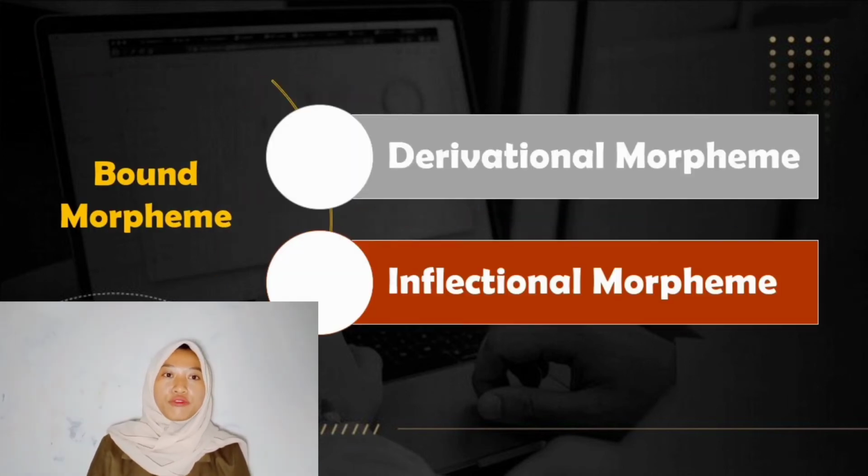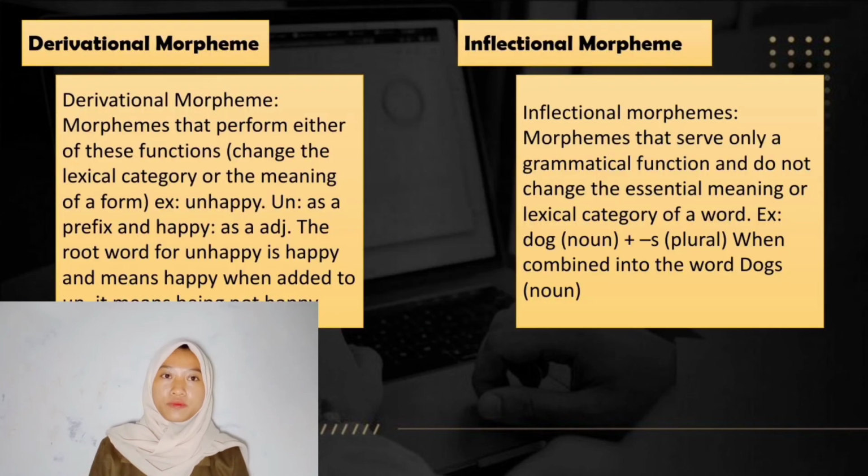Bound morpheme is divided into two. The first is derivational morpheme and the second is inflectional morpheme. The first is derivational morpheme. A derivational morpheme is a morpheme that performs either of these functions: it changes the lexical category or the meaning of a word.